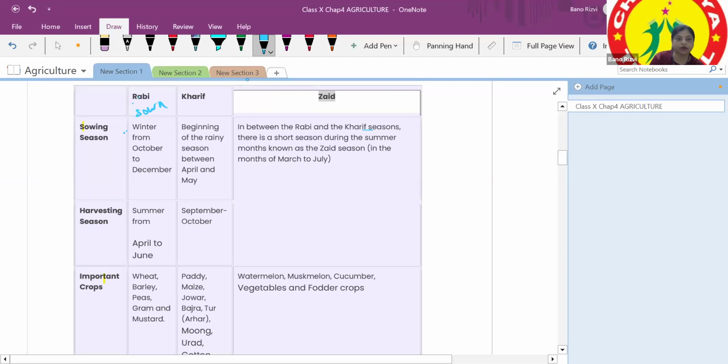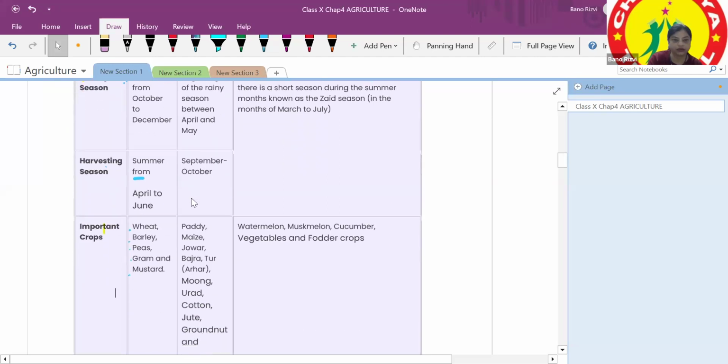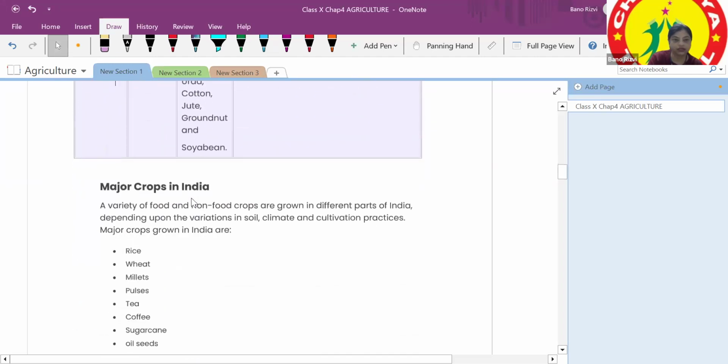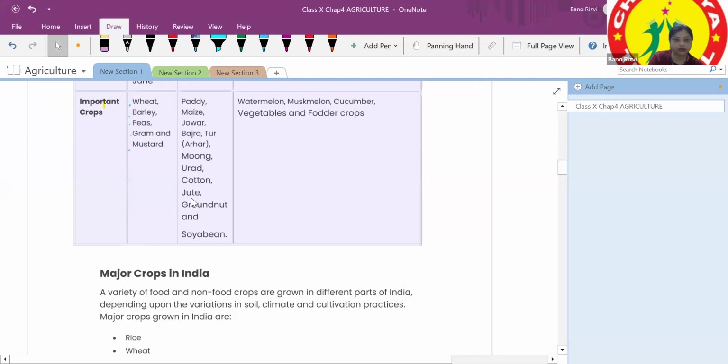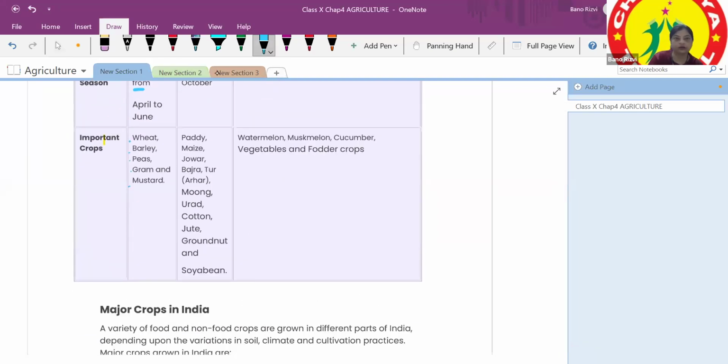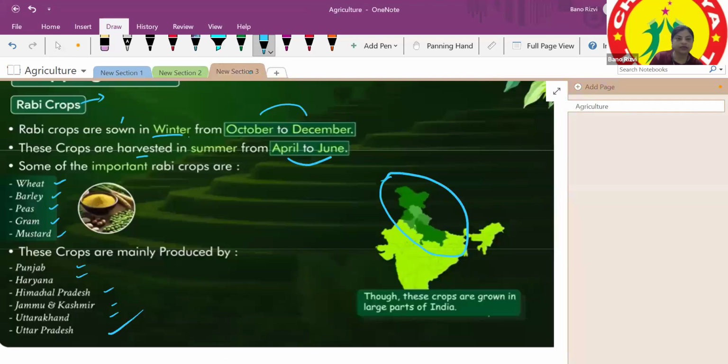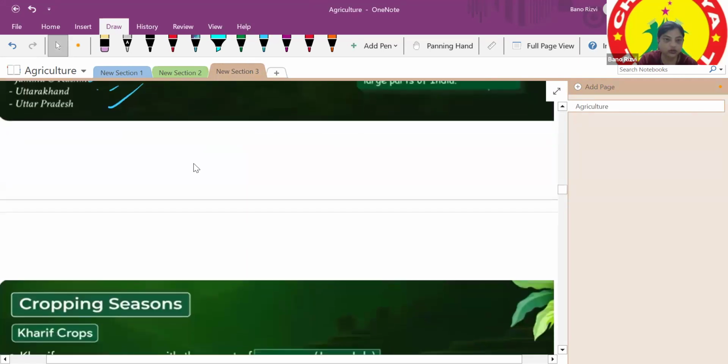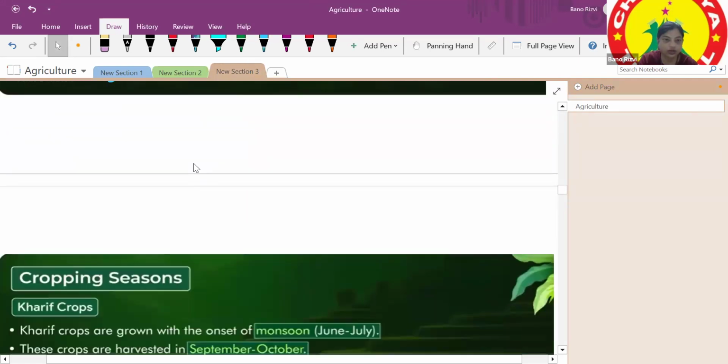Harvesting is in summer, from April to June. Important crops are wheat, barley, peas, gram, and mustard. The states are Punjab, Haryana, Himachal Pradesh, Jammu and Kashmir, Uttarakhand, and Uttar Pradesh. Let's do Kharif now.